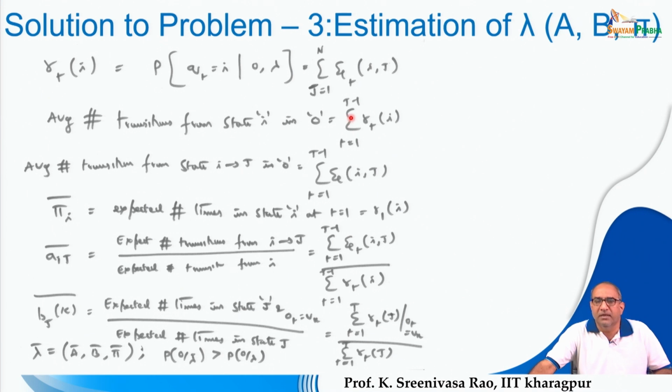Here it is nothing but the average number of times the system is visiting the state i, right.